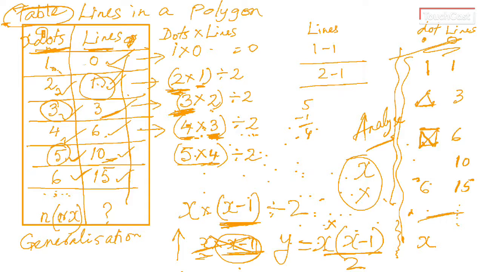So that's one of the reasons to avoid it. So the final answer, y equals x times x minus 1, divide the whole thing by 2. That's probably one of the easiest ways of dealing with it. I'll stop there.